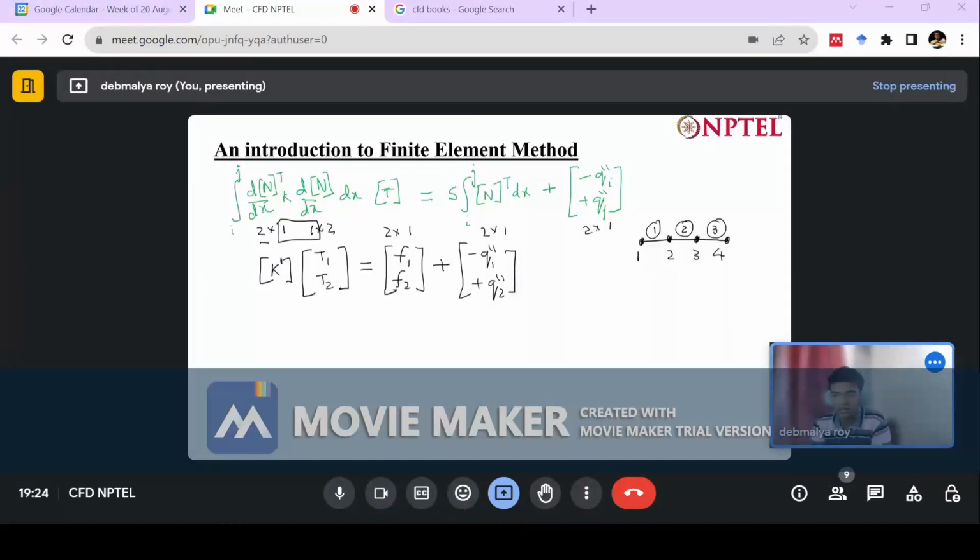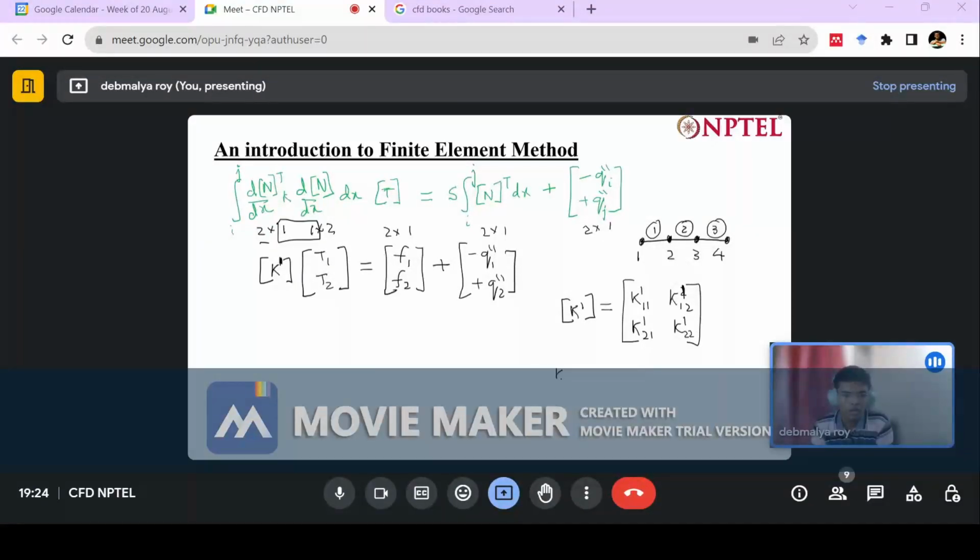Let me write this as a superscript. So if I have this K1 matrix, let's say K1 1 1. So this is a 2 cross 2 matrix. Sorry, K1 1 2, K1 2 1, and K1 2 2. So how can you find this out?